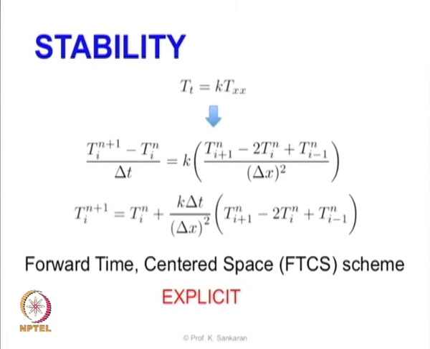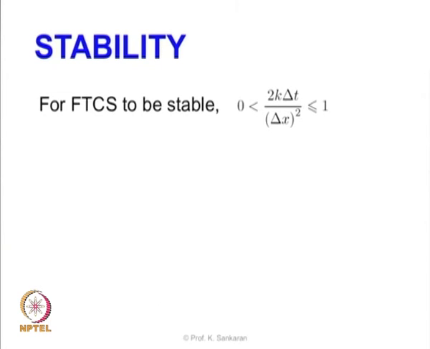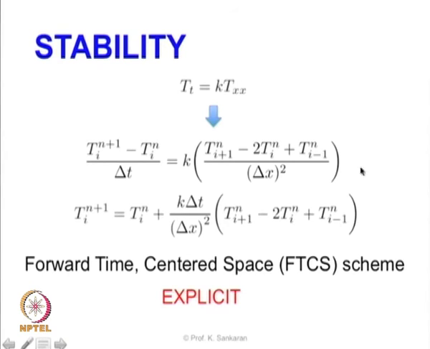For this particular scheme, we are interested in making sure the scheme is stable under a certain condition, and this condition is given by 2k delta t by delta x square. The reason we have 2k here comes directly from the central differencing algorithm.